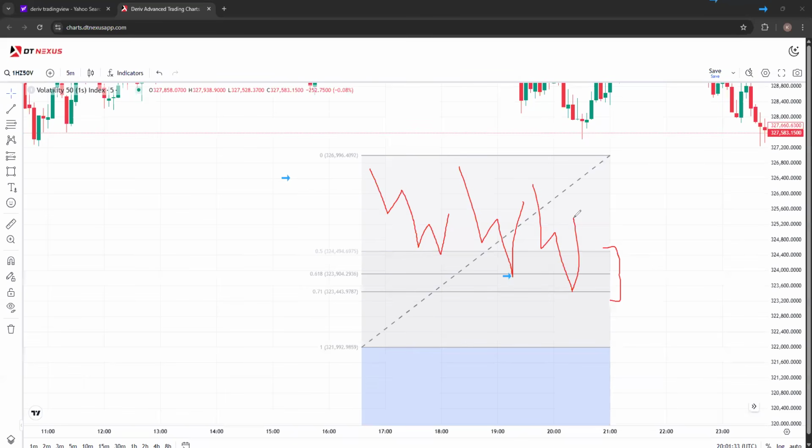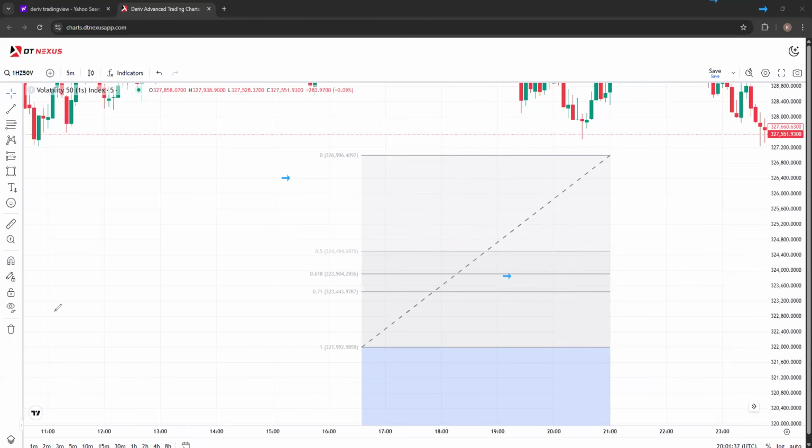So your market structure is the one that's going to be acting as your confirmation to say, all right, let's say we have a low, right? And we have a high. So we want to retrace now.